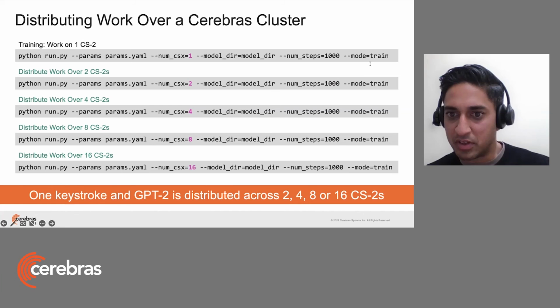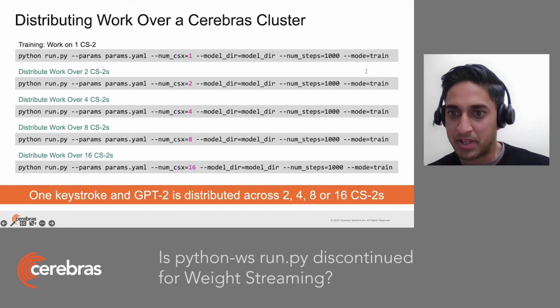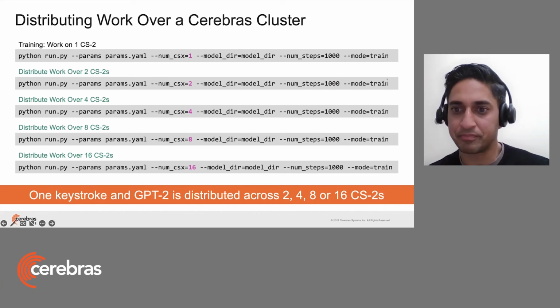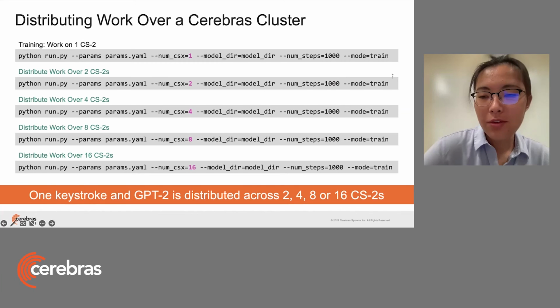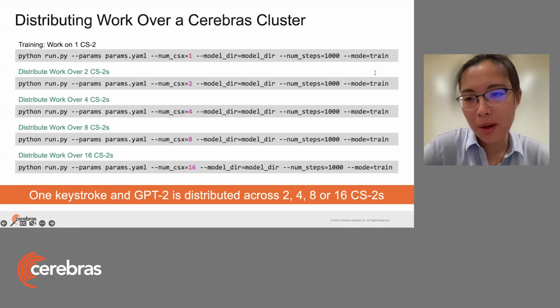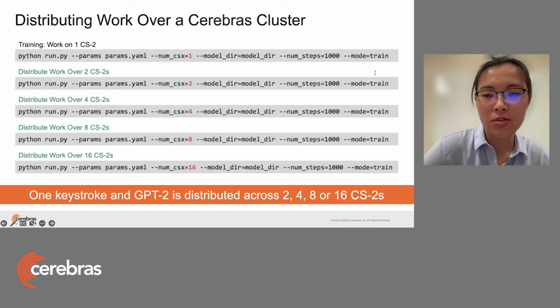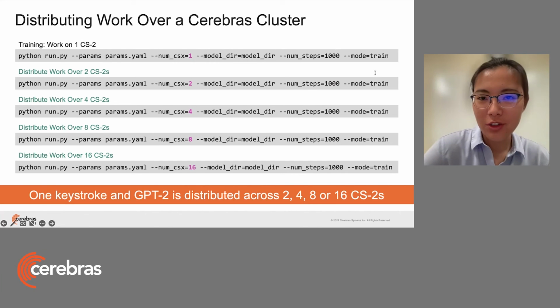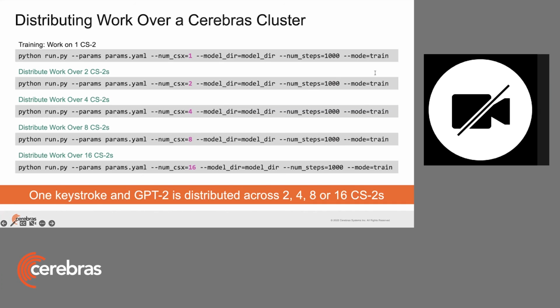Hey, Claire, we have a question from Anirudh. Is python -ws run.py discontinued for weight streaming? Yes, if you're running in appliance flow, the appliance mode that we're introducing today, I think python -ws run.py is discontinued. Saumya, could you confirm as well? Yeah, exactly.